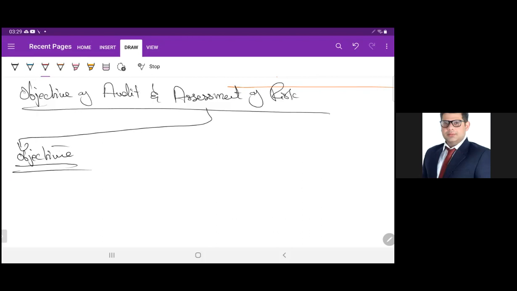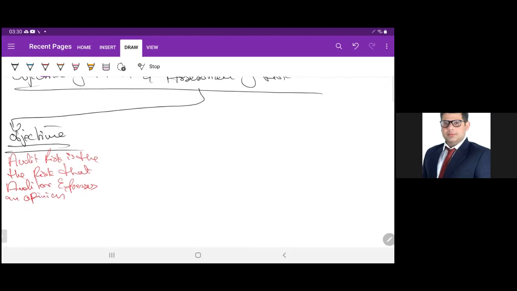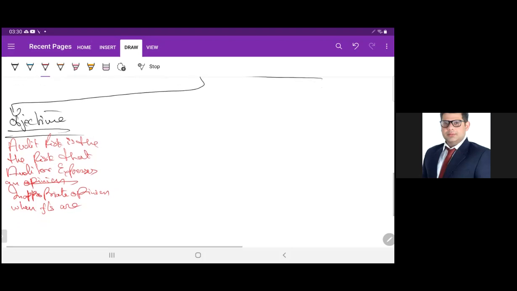Right? Now, audit risk is the risk that the auditor expresses an inappropriate opinion when financial statements are materially misstated, right?